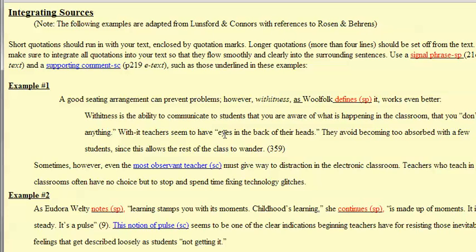So here's a block quote, and I set it up here, and then I put in a supporting comment at the end. And here's a shorter quote example at the bottom here.